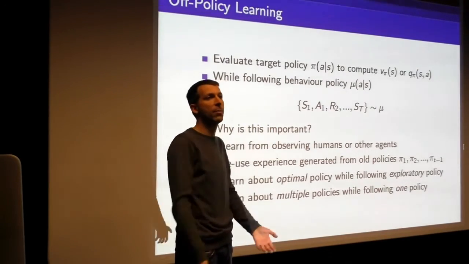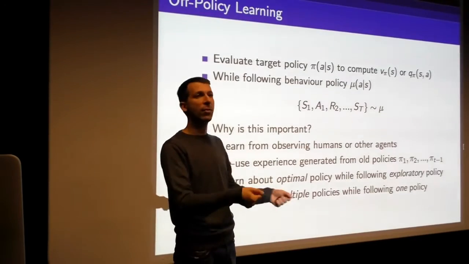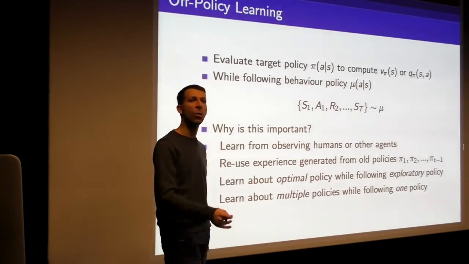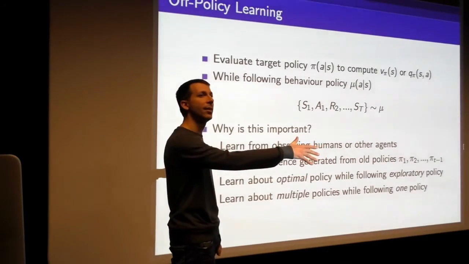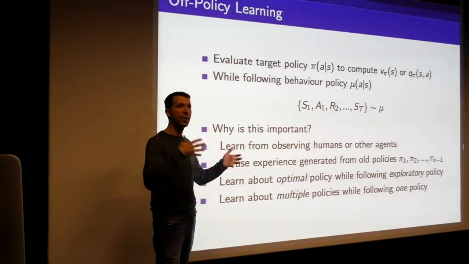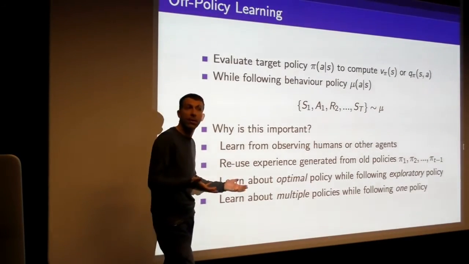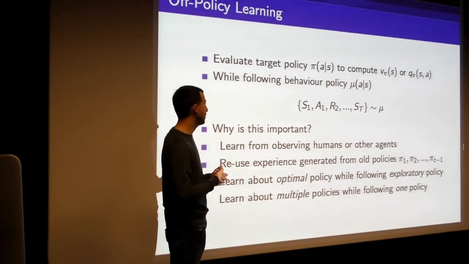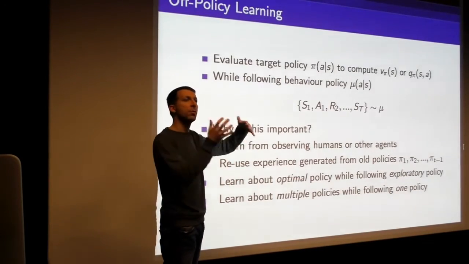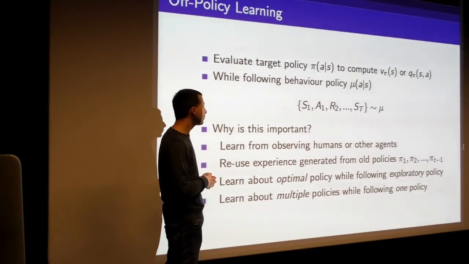Watch some human steer a boat around, and then say, I know how you could have done better. You could actually have got more reward by following this other path around. That's the goal. We want to be able to observe some other policy and maybe figure out how to do better, or learn from one behavior what the value of another behavior would be.